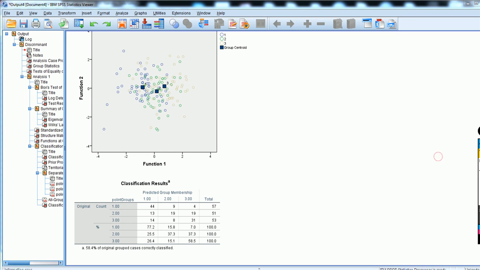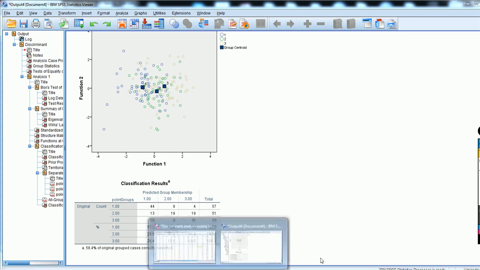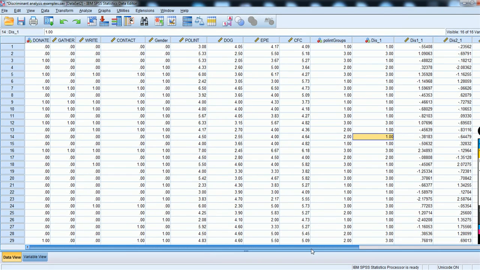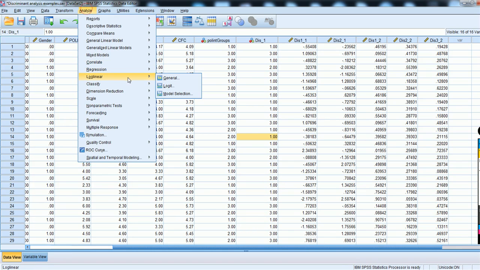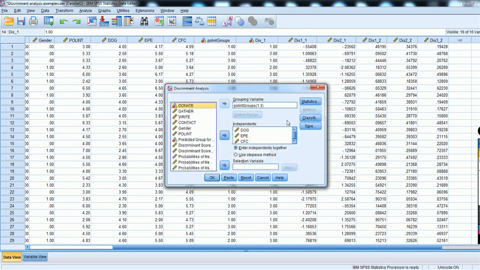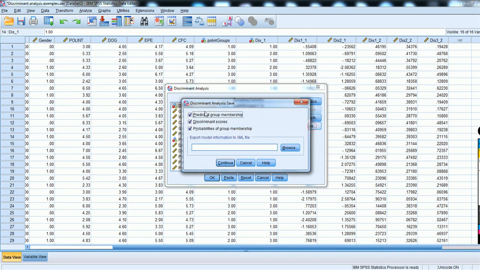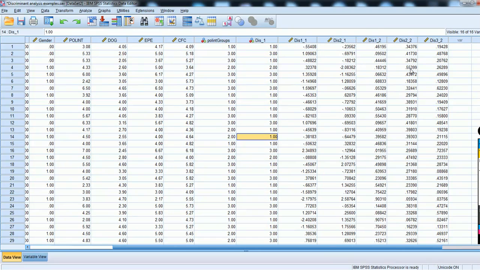What we had asked for when we ran our analysis earlier was several pieces of information. Under Save, we asked for predicted group memberships, discriminant scores, and probabilities of group membership. So that's what all this information is. A lot of times you may not be interested in asking for this, but it highlights what's going on in the classification table.